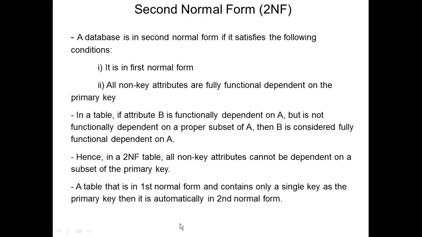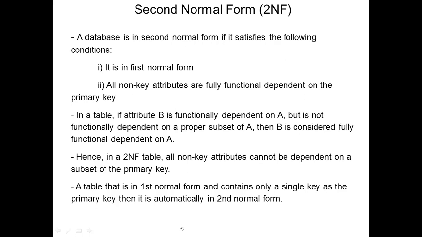Then second normal form. A database is in second normal form if it satisfies the following conditions. First, it is in first normal form, and second, all non-key attributes are fully functionally dependent on the primary key. Non-key attributes means the attributes which do not form any key.